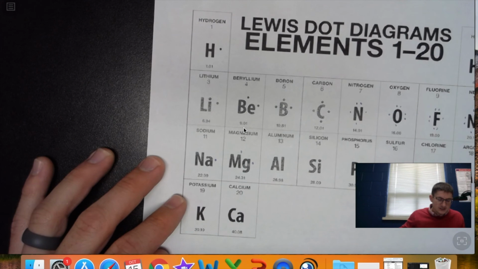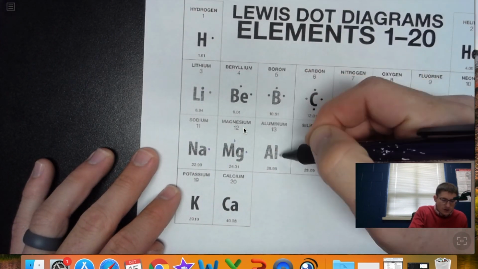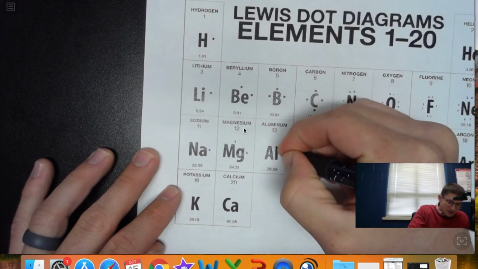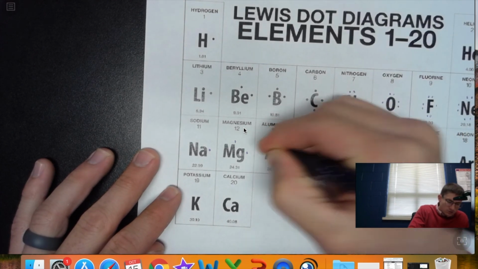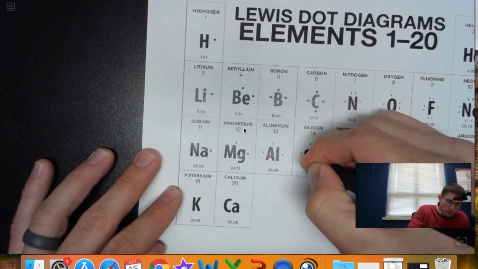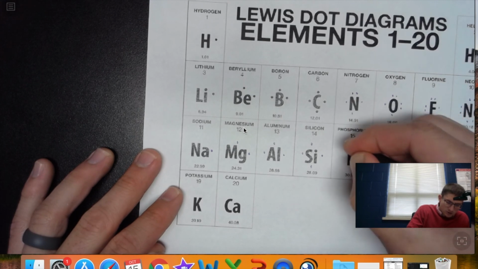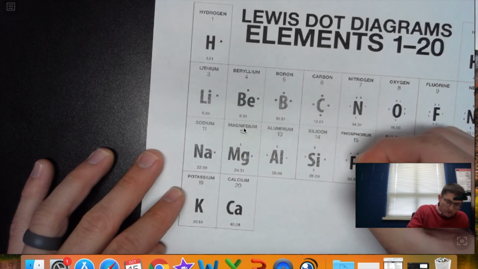As you go, you're going to see this pattern start to develop. If 2 was here, then boron had 3. I bet you there's going to be 3 here, and they're going to look exactly the same. 1, 2, 3. Silicon is with carbon in that same element family. They have 4 electrons in their outermost energy level. Phosphorus has 5, just like nitrogen. 1, 2, 3, 4, 5.